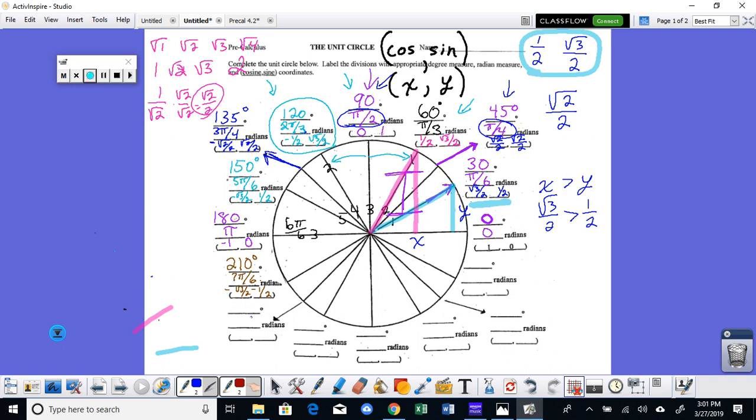But how many fourths is this? 0, 1 over 4, 2 over 4, 3 over 4, 4 over 4, 5 pi over 4 radians. 45 degrees, 90 degrees, 135, 180, 225 degrees. It's an over 4. It's square root of 2 over 2, square root of 2 over 2. Quadrant 3, they're both negative.